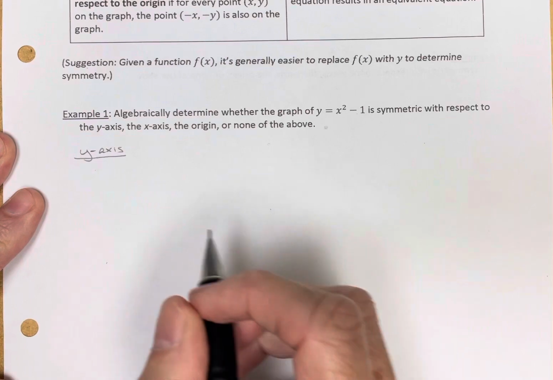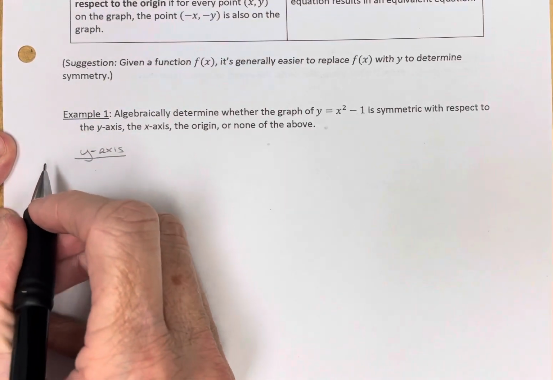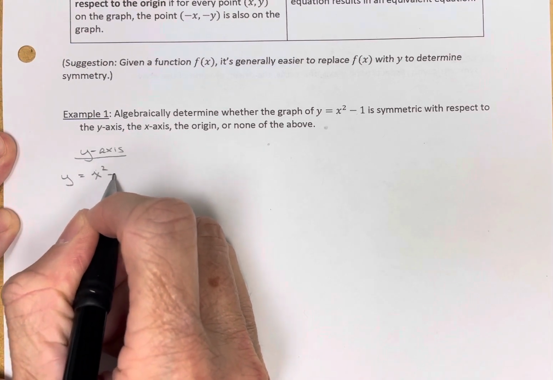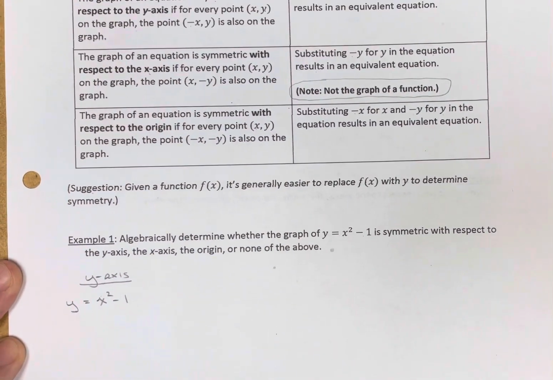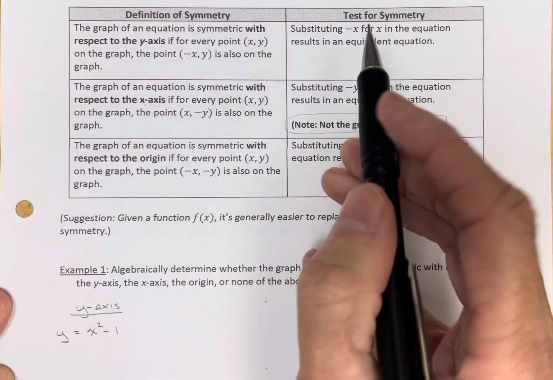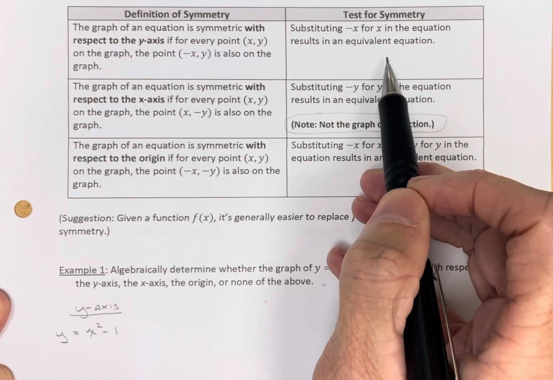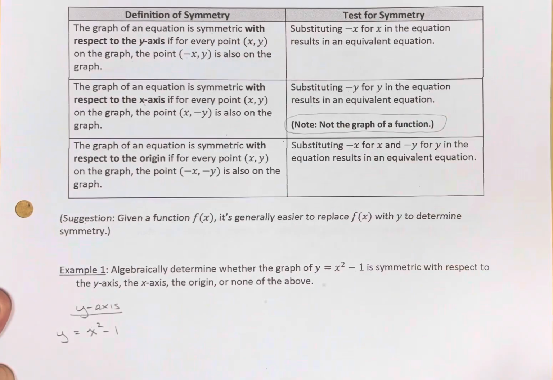We've got to do 3 of these tests. Well, here's our equation. I'm simply going to copy it down: y equals x squared minus 1. Now, y-axis symmetry. How do I know? If I put negative x in for x and I get the same equation, then the graph is symmetric with respect to the y-axis.